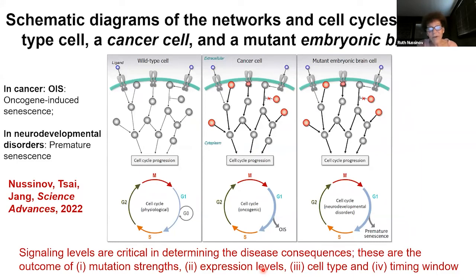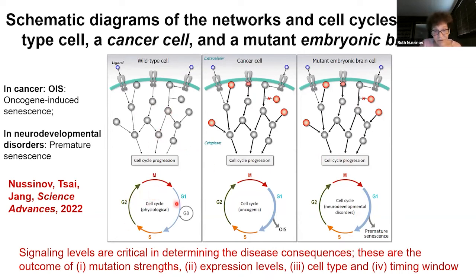So here we drew schematic diagrams of the networks and cell cycles of a wild type cell on the left, a cancer cell, and a mutant embryonic brain cell, because it's neurodevelopmental disorders.